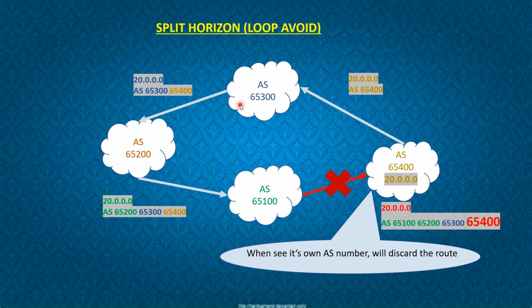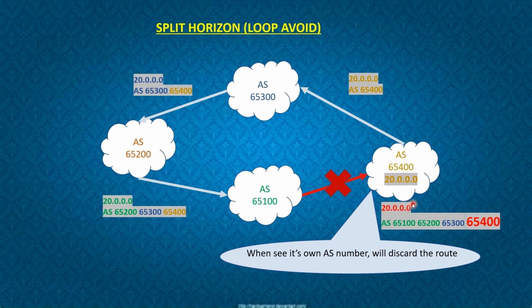And the second loop avoidance technique is the AS number. As we all know, all the AS are internally connected with each other, because we are all on the internet. So there is a very high chance that the route which one AS is advertising can come back to that same AS.